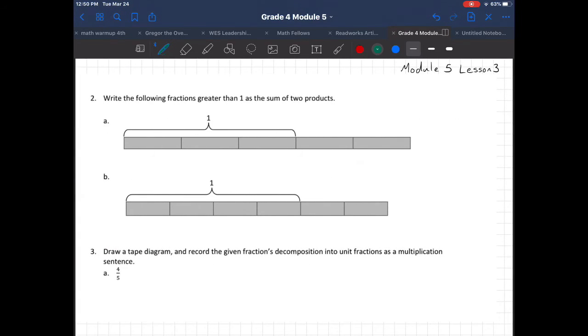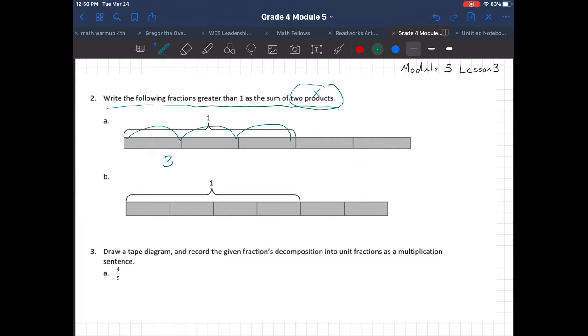Let's move on. Number 2. Write the following fractions greater than 1 as the sum of 2 products. So 2 products means we're going to multiply. So we've got 1, 2, 3. We've got thirds.